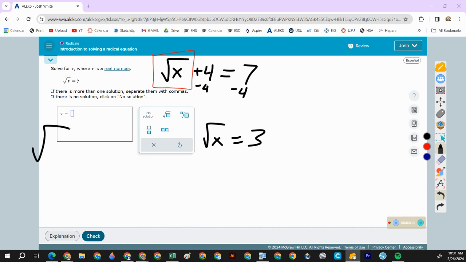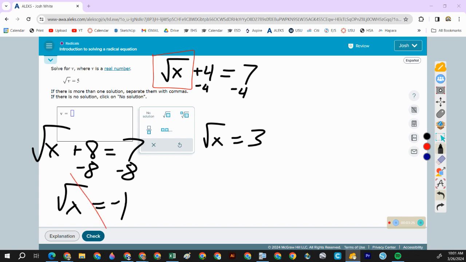What about the square root of x plus 8 equals 7? Does that work? No. When I isolate the square root by subtracting the 8, I get the square root of x equals negative 1, and that has no solution. There is no way to square root a number and get a negative.